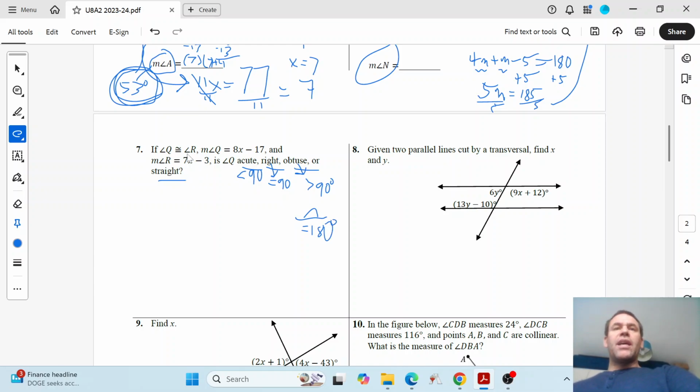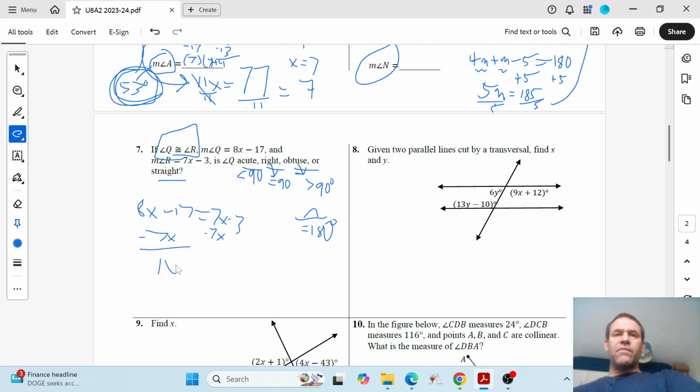Cool. So it says they're congruent to each other, so we just set them equal to each other. So 8x minus 17 is equal to 7x minus 3. Get everything on the same side. So we're going to minus 7x over to this side, and that's 1x.